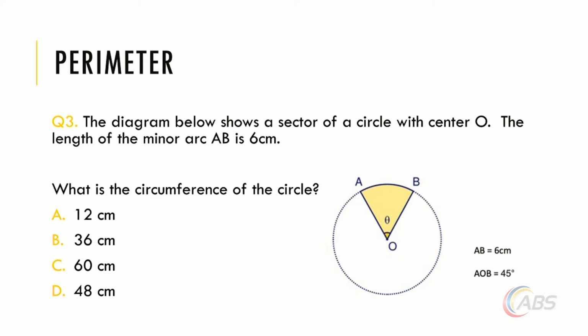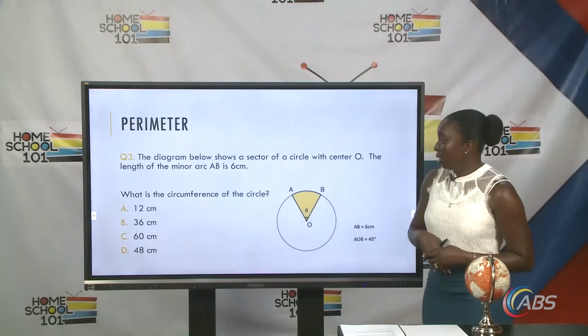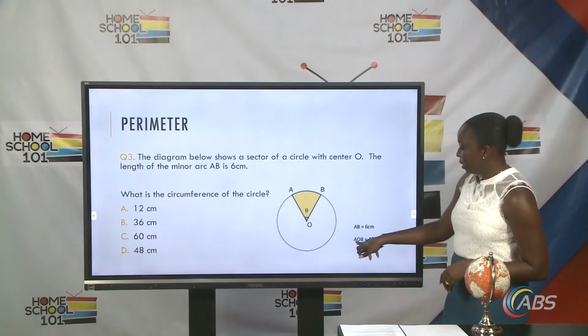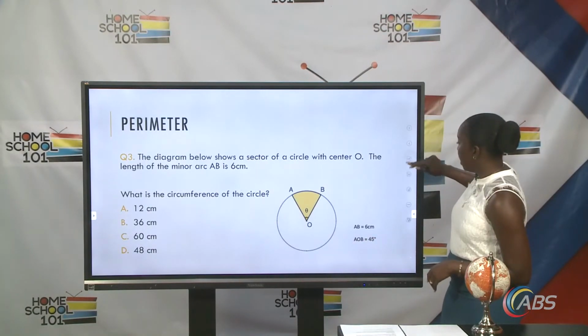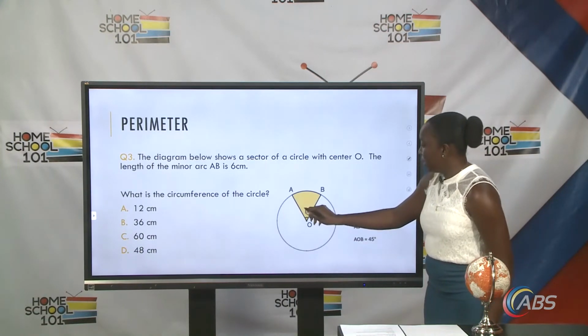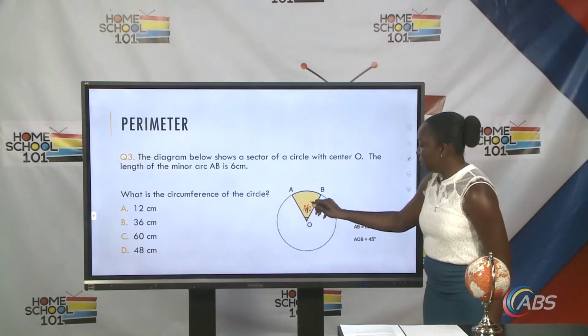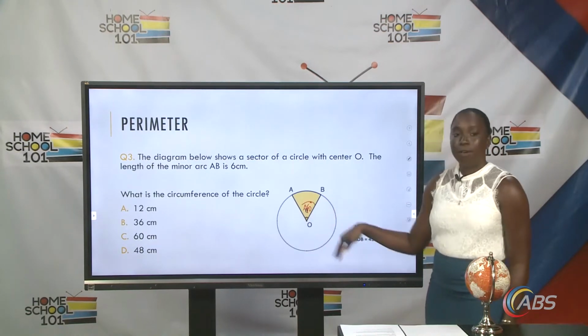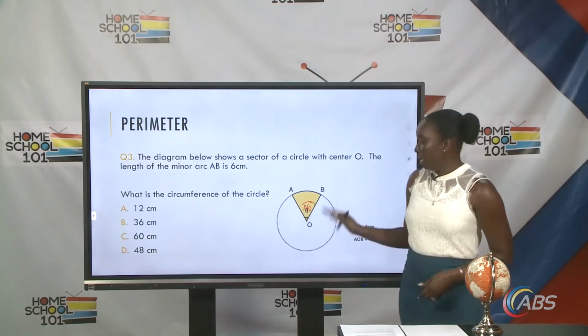So first, we're going to have to find out how many 45 degree angles are in the circle. And we know that we're going to be dealing with 45 degrees because it told us on the side here that the angle AOB is 45 degrees. So this here is 45 degrees. How many 45 degree angles can we get in this circle?